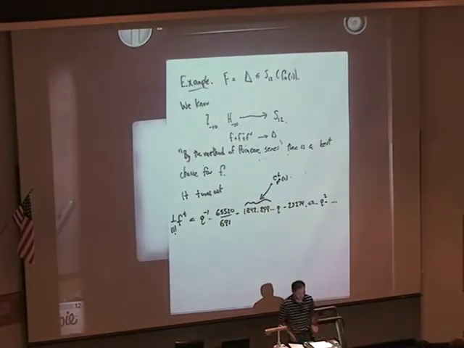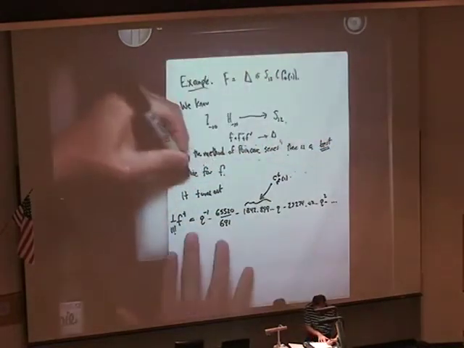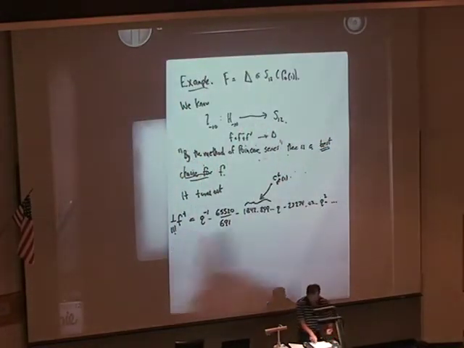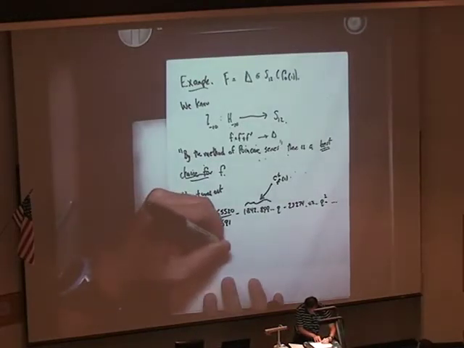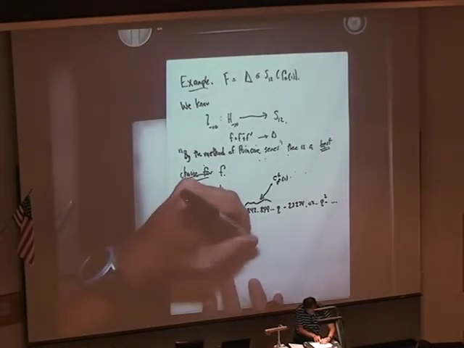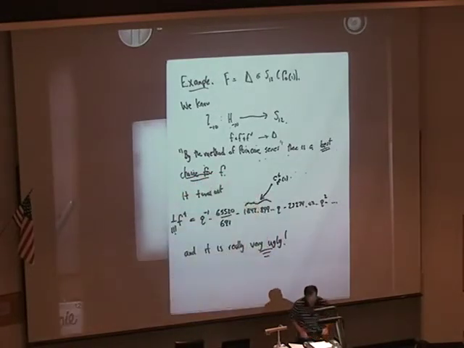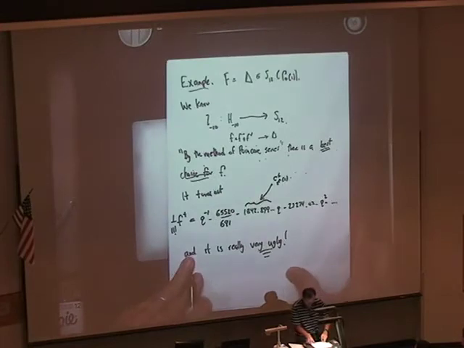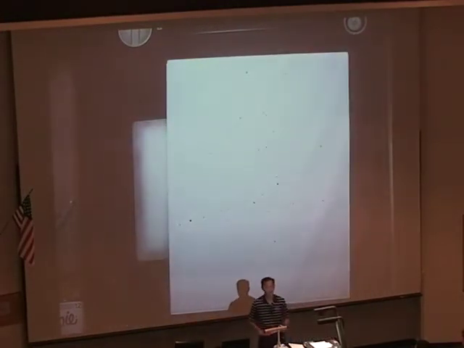It turns out that the holomorphic part of this best choice for F is this, and, well, what is it? It is really very ugly. It doesn't take my poor handwriting to make it ugly. It doesn't matter how good your handwriting is, it wouldn't restore this F plus to beauty.